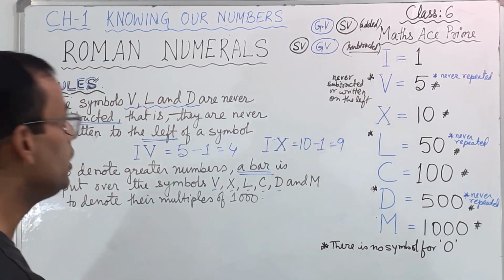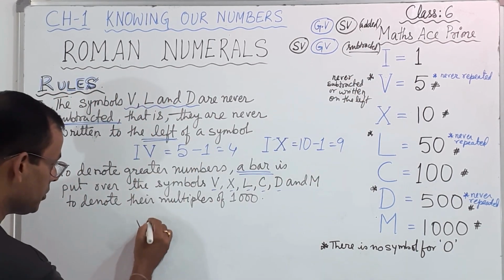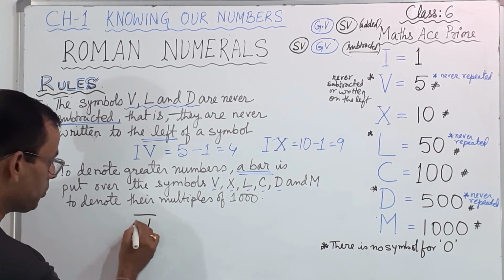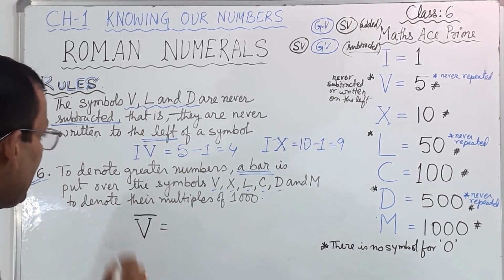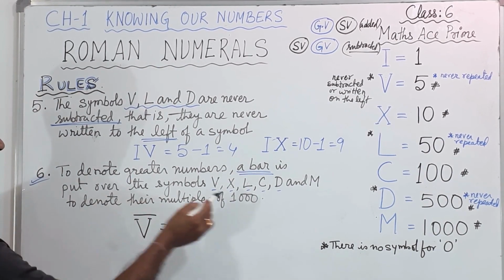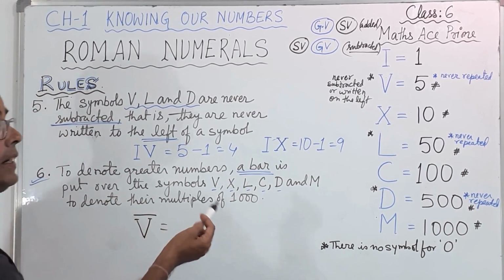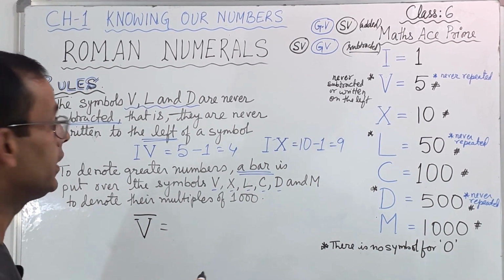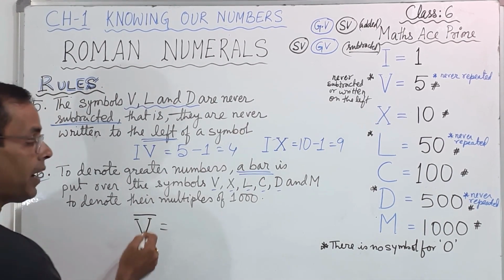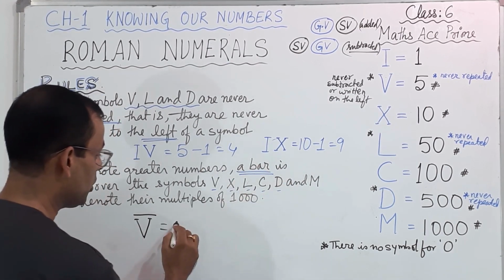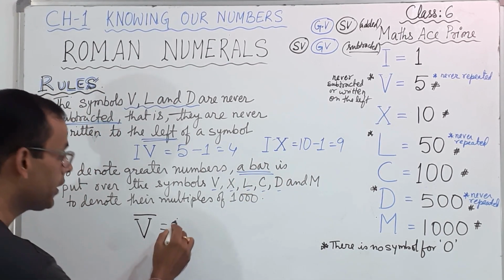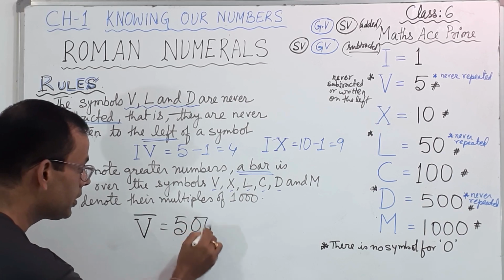Suppose I take V, and then I put a bar. V means 5, but I am putting a bar. Bar means to denote the multiples of 1000. That means V means 5, when I put a bar, then 5 into 1000, so it becomes 5000.